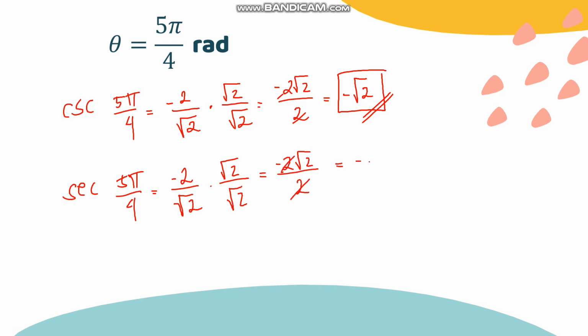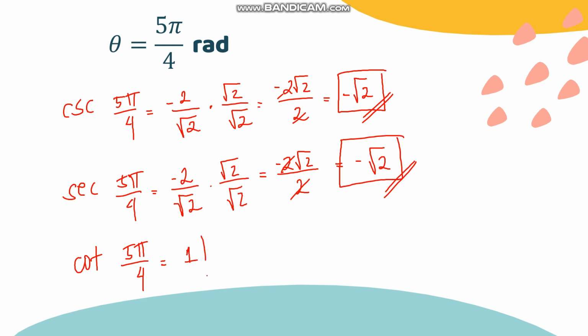Then we have negative square root of 2 as the secant. For the cotangent, the reciprocal of our tangent, remember tangent is 1, so its reciprocal is also 1. So that will be the cotangent of the given angle.